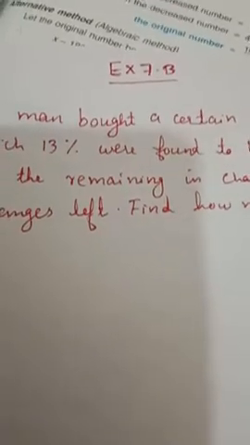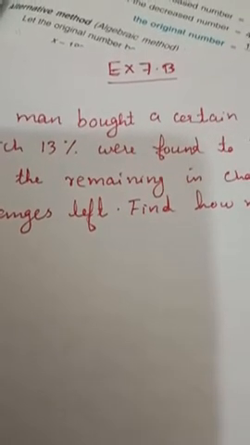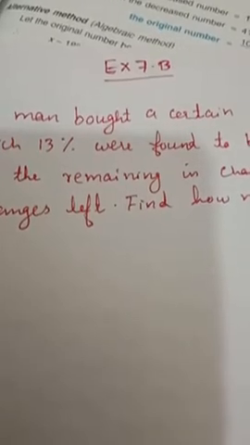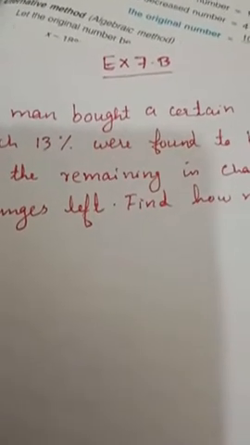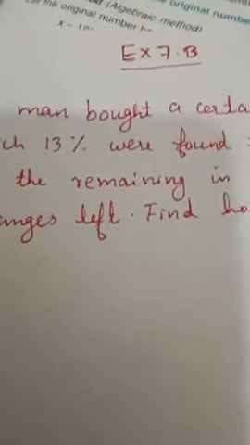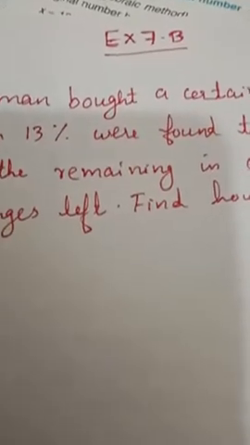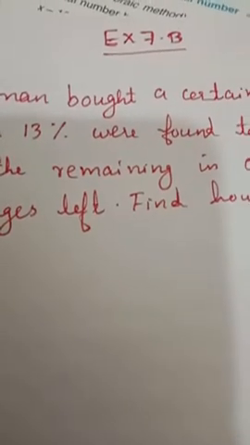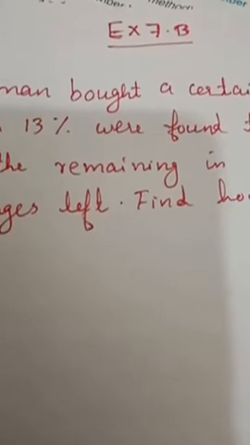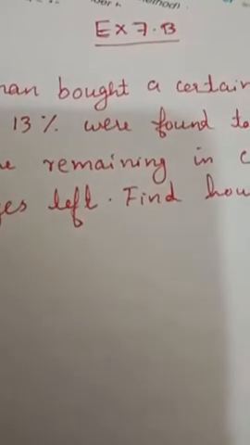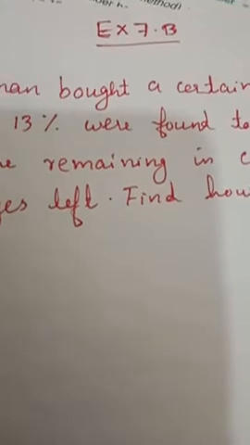So he threw away. Then the remaining oranges are there. From that remaining oranges, 75% he gave in charity. Okay, not from the beginning oranges or the first oranges he bought.